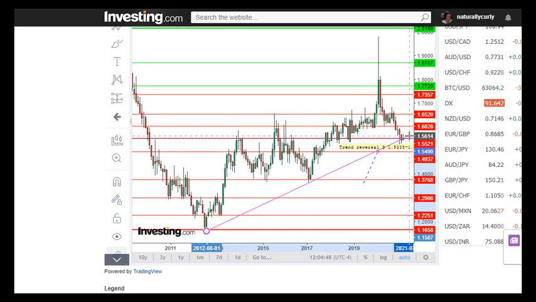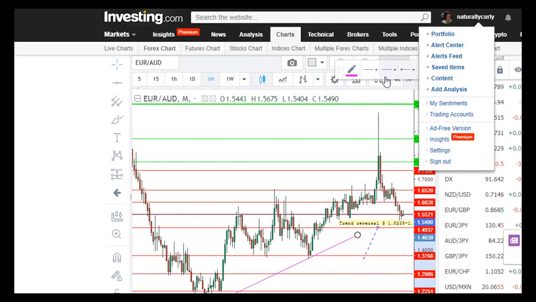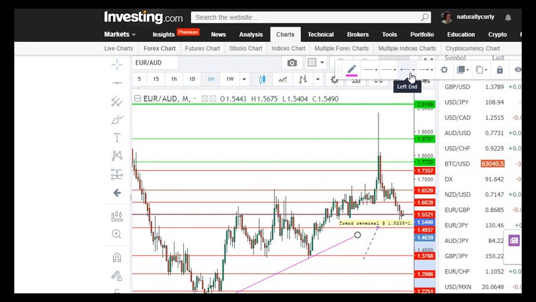But usually what I like to do is find the point at which the angle of price is able to hit my trend line, and then what I do is I just scroll up and we're gonna go left end, and I want to extend.